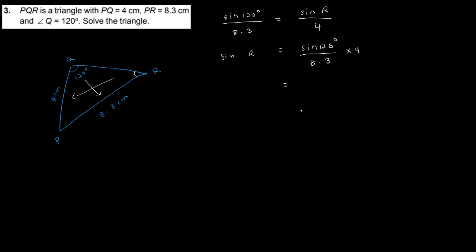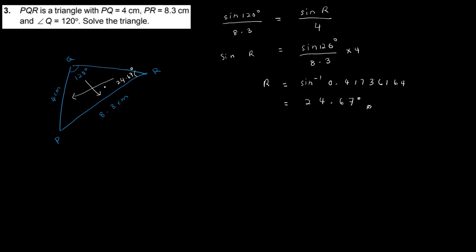Calculate correctly, you should get 0.41736164. And then to find R, bring sine to the other side, arc sine. Use your calculator in mode degree, you should get angle R equals 24.67 degree. So this angle is 24.67. Okay, next.